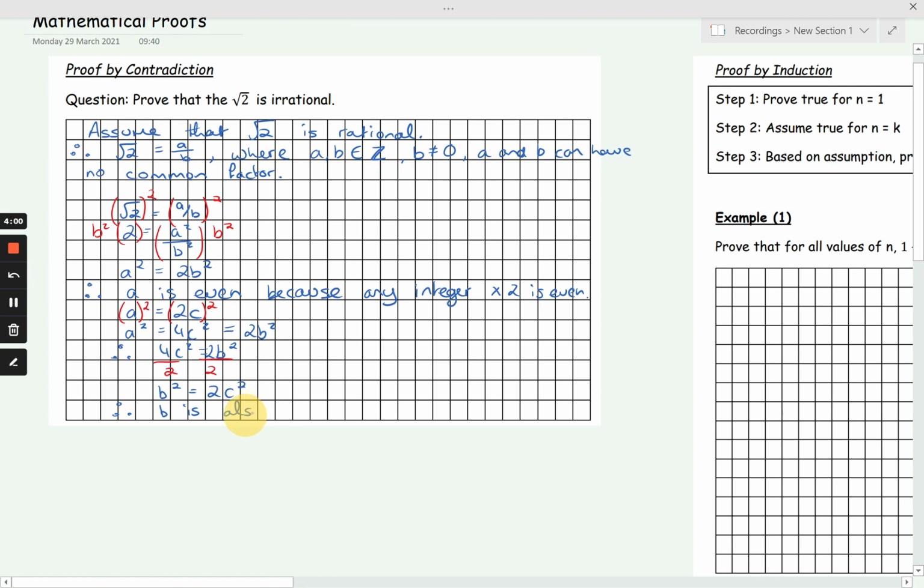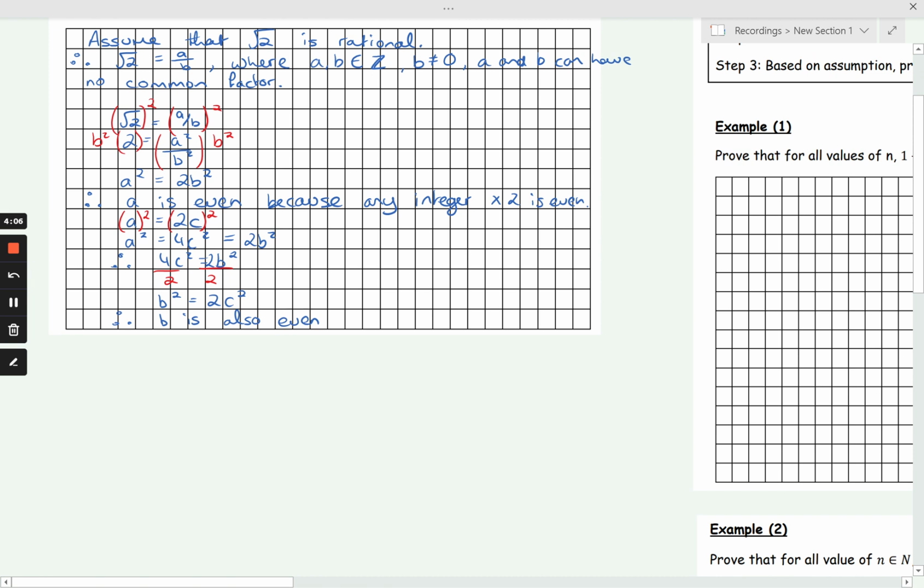This is for the same reason that any integer multiplied by 2 is an even number. But if b is also even, then a and b have a common factor of 2, because any even number is divisible by 2.